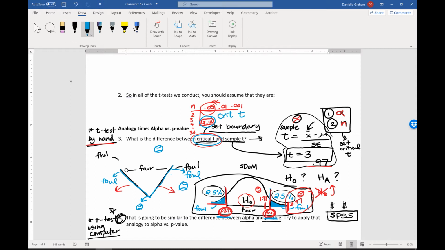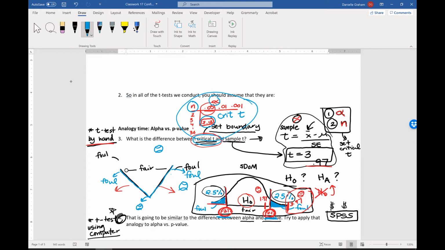Okay, so if you're doing it by hand, you either need to use a table of critical T values like this, or as we'll see in our confidence interval work through, there are websites where you can just type in what is your alpha, what is your n, and it will tell you that number. You don't have to look it up in a table. That's really the old school method.